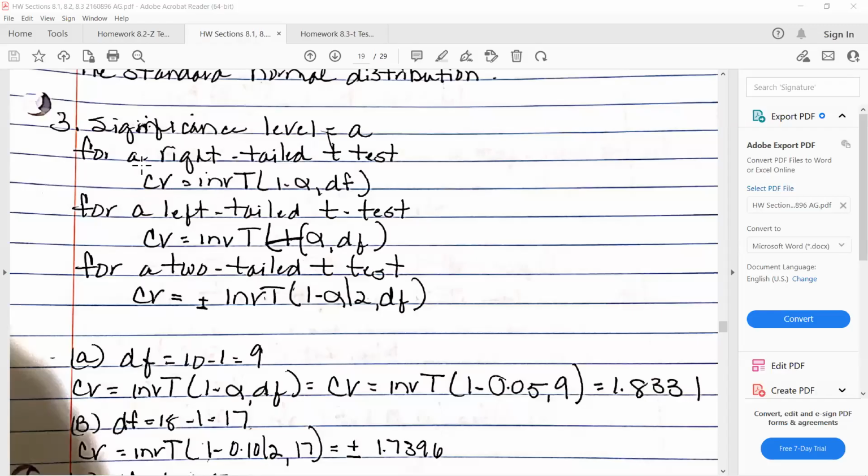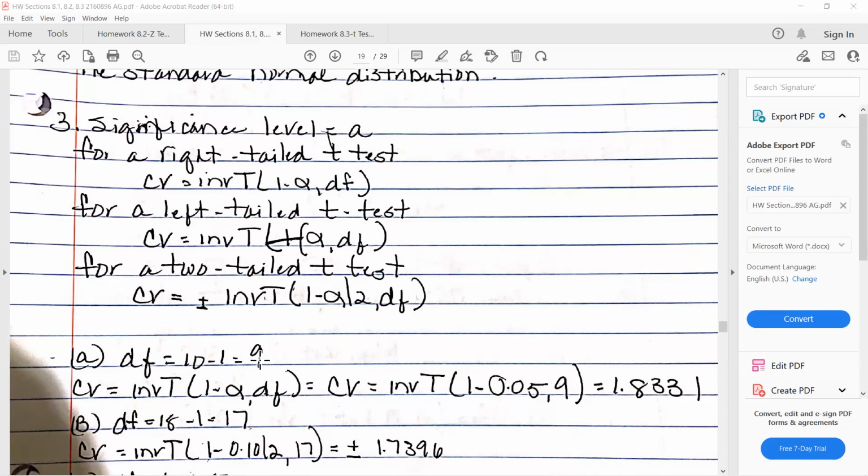So for a right tail test, she wrote CV equals inverse T, 1 minus alpha, degree of freedom. For a left tail, all three are there. Right now we're doing A, and so remember DF here is n minus 1. So 10 minus 1 would be 9, right?